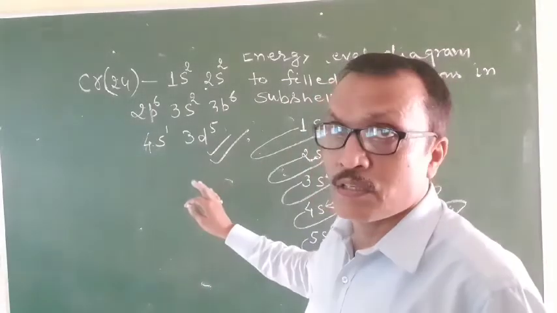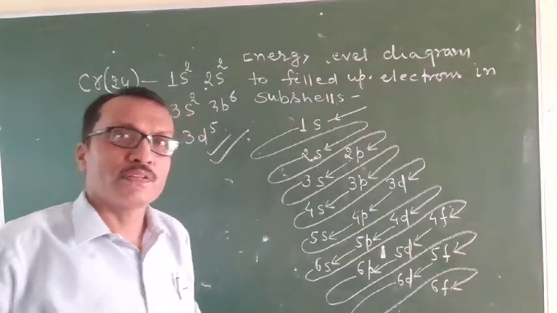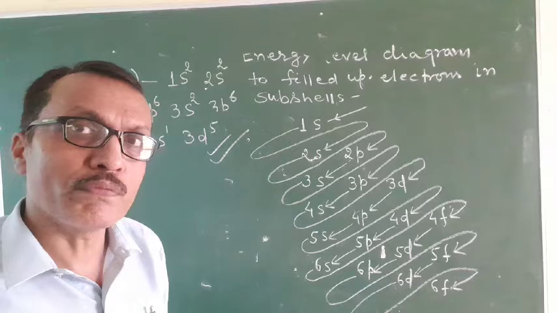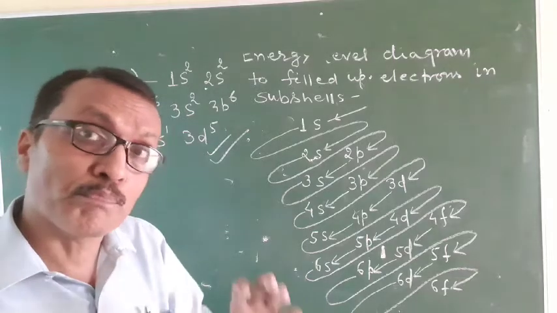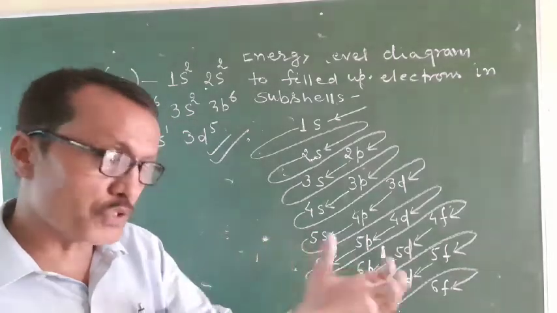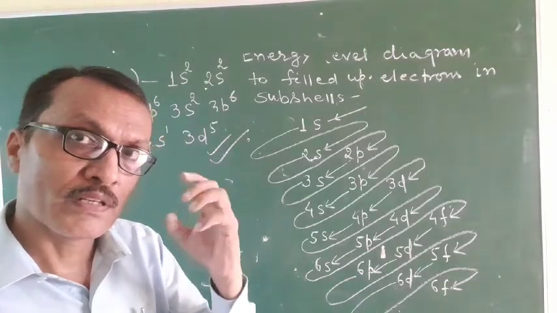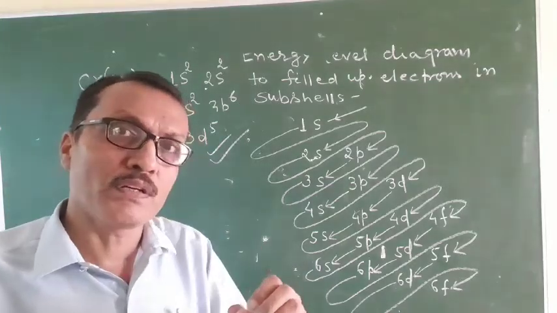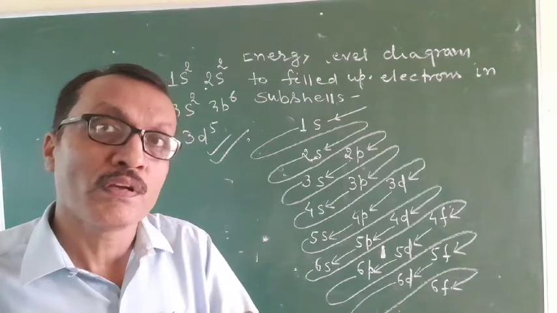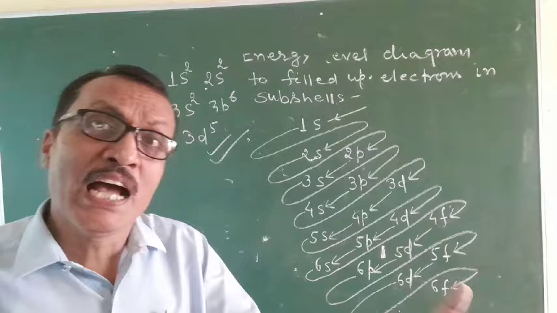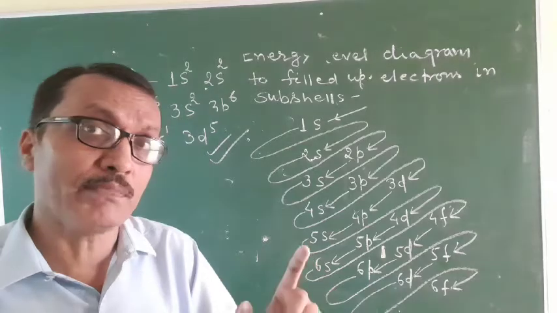So students, if you do electronic configuration on the basis of s, p, d and f, somewhere such type of problem will come. So you have to think there is possible transfer of electrons from adjacent subcells, and also you have to keep in mind that the transfer will only take place when, by transfer of electrons, the next becomes stable and the previous one which is donating also stays stable.